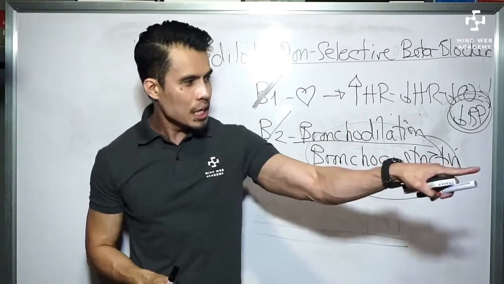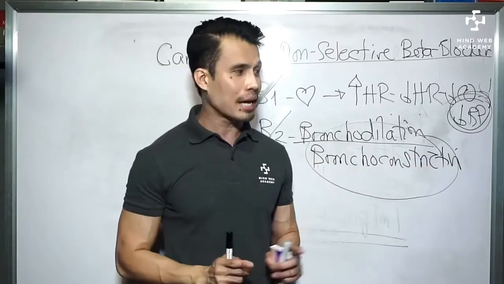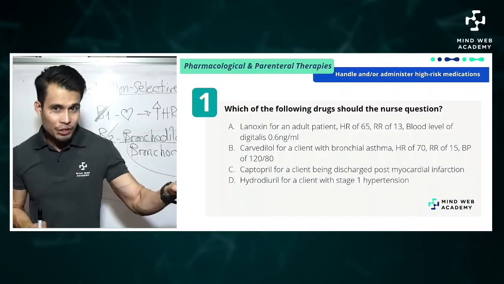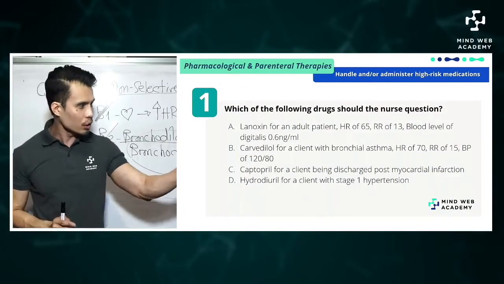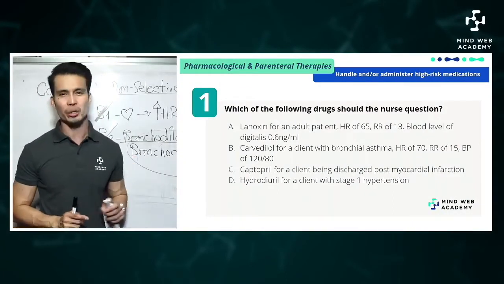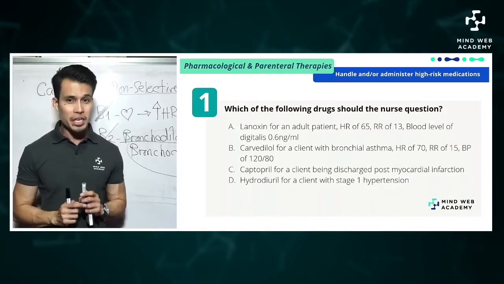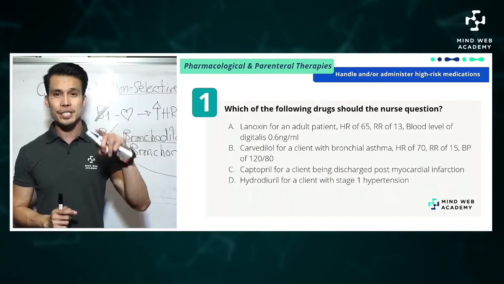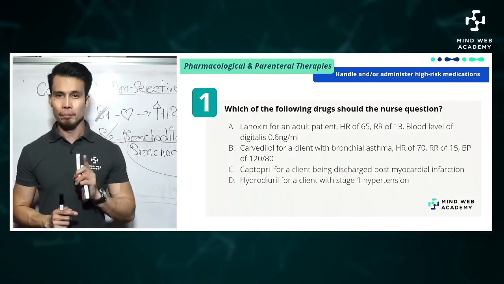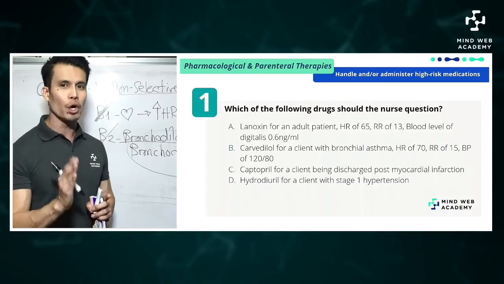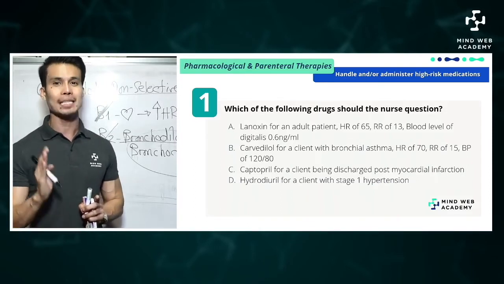If you notice, it's very confusing when it comes to the NCLEX, all of your vital signs are within normal range. When I see that everything is normal, I say I won't question it because it's all normal. Am I correct? But what is confusing here? Carvedilol is a non-selective beta blocker. For patients with COPD, we need a selective or cardioselective beta blocker.